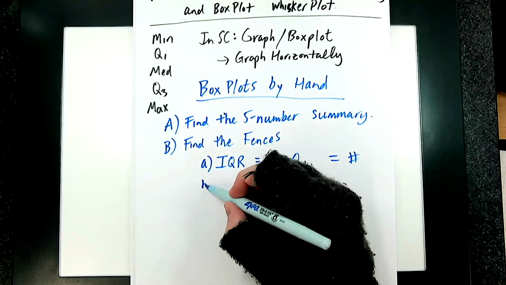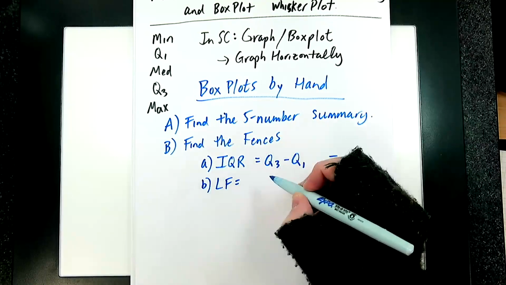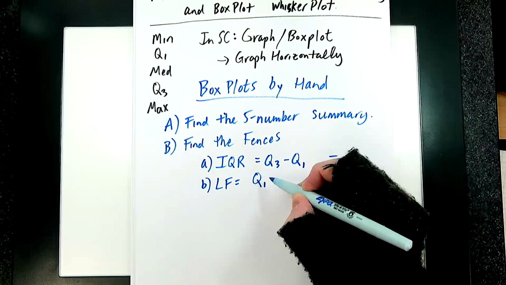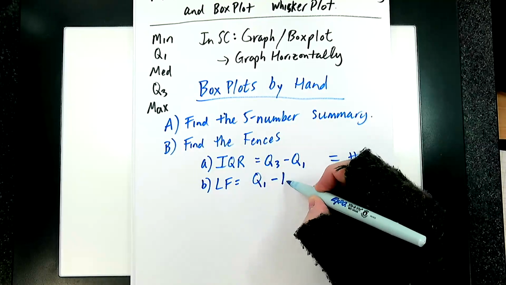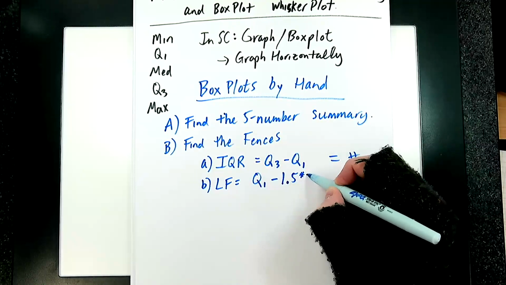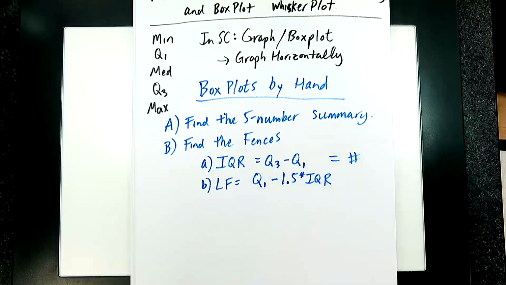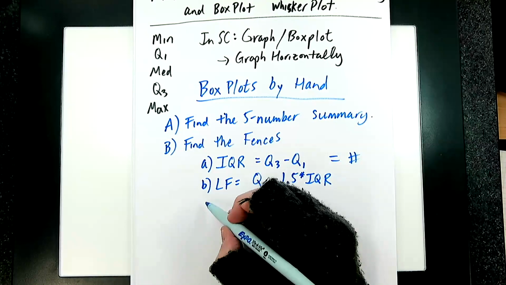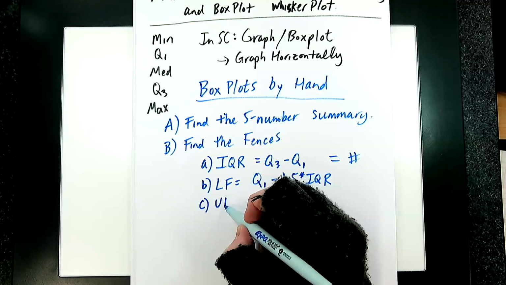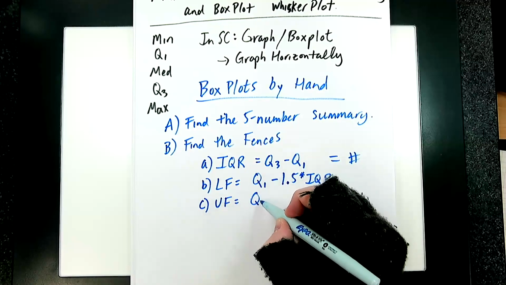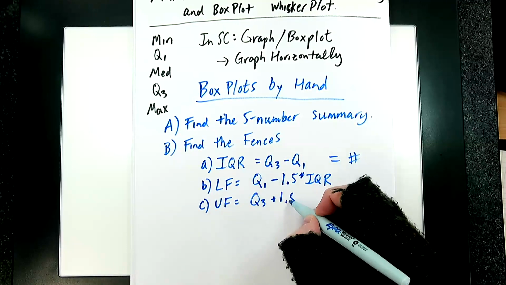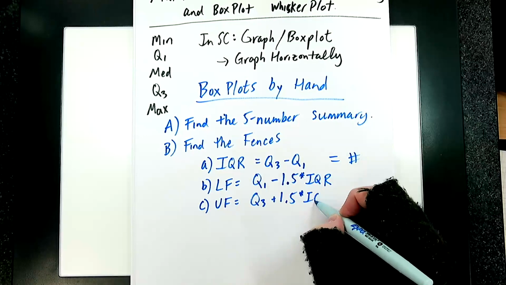Then our lower fence will be Q1 minus 1.5 times the IQR. And our upper fence will be Q3 plus 1.5 times IQR.